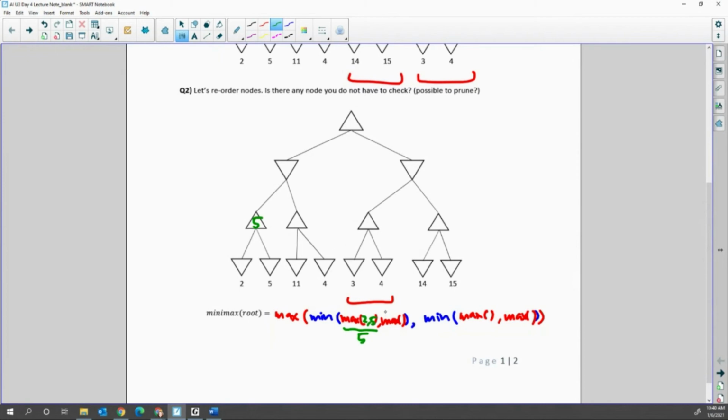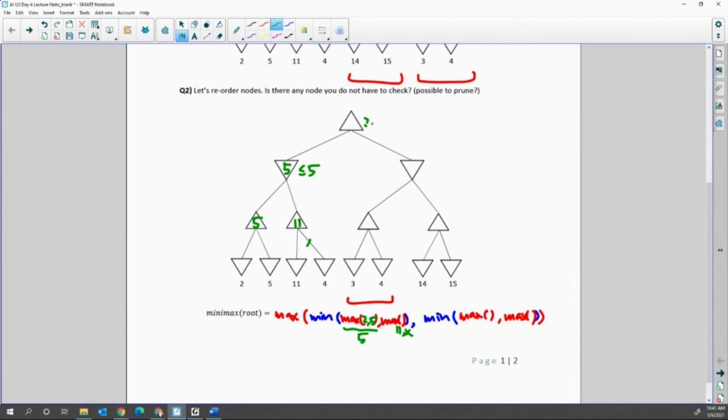Then in the second, because this min node is now guaranteed less than or equal to 5, as soon as it compares 11, without checking the second one, it's going to return 11. So the min node will have a value 5. So up to here is the same.